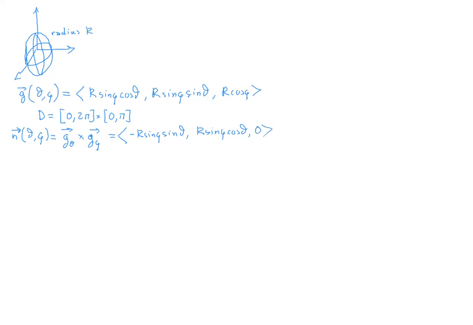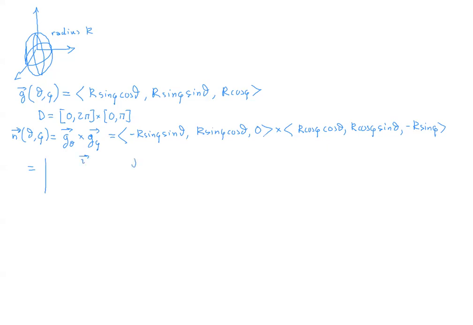Notice that the last coordinate does not depend on theta. And then when we differentiate with respect to phi, we'll get r cosine phi cosine theta, r cosine phi sine theta, and minus r sine phi.